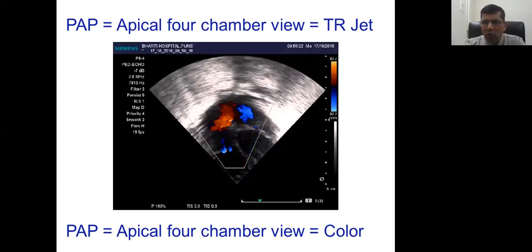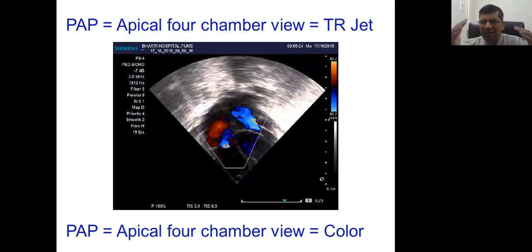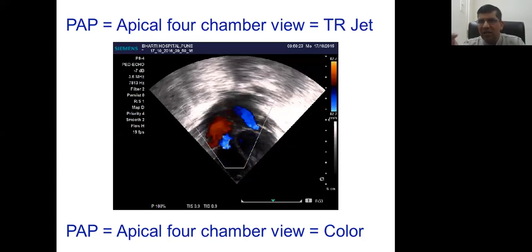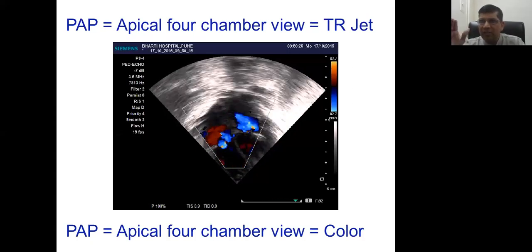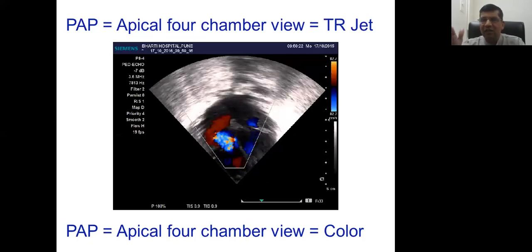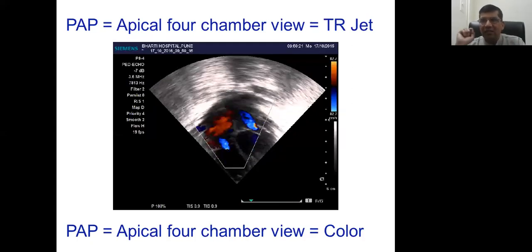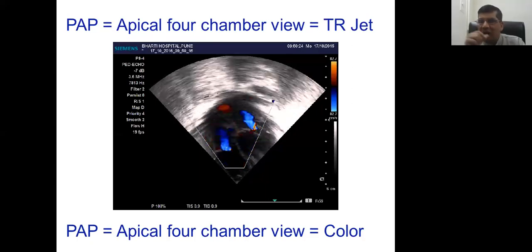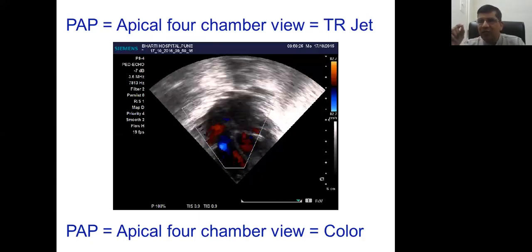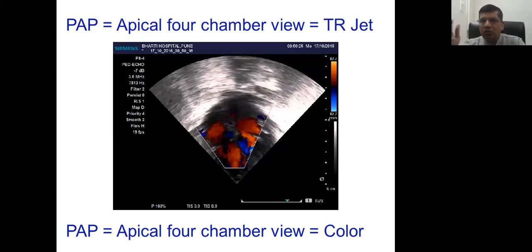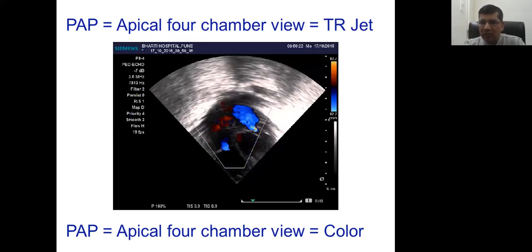So I think you all do this echo. The first marker for assessment of the pulmonary pressure is the tricuspid regurgitation, the TR jet, and the best views are apical four chamber and a parasternal RV inflow view. These are the two views where you see the TR jet as a blue color.